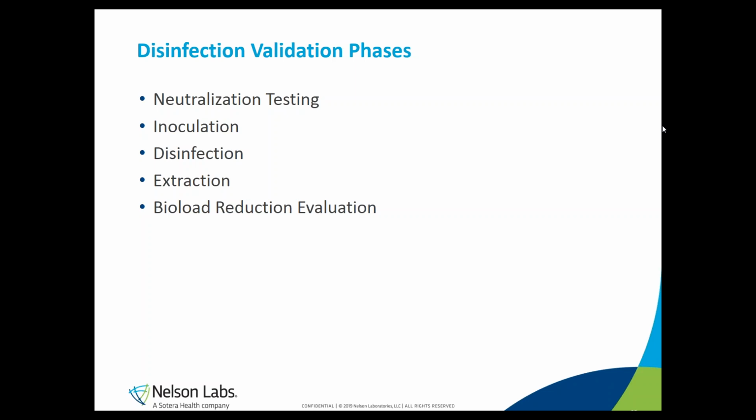If you have a look at the test setup of a disinfection validation, it is indeed similar to the setup of a cleaning validation. So first, the test items are artificially inoculated with a mixed suspension of test organisms. Then, the test items are disinfected using an appropriate disinfectant according to the supplier's recommendations and instructions. High-level disinfection is usually performed through soaking the device for a specified amount of time.